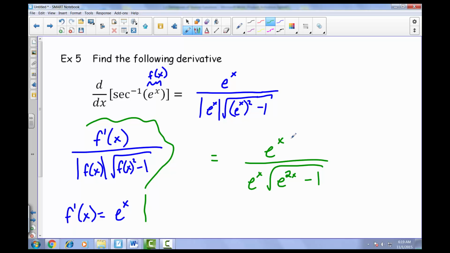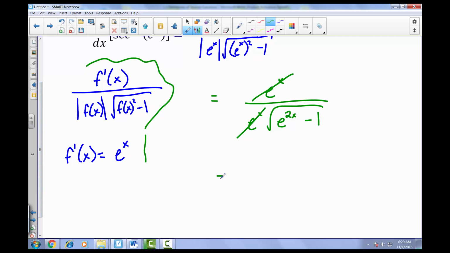And as a result, we notice that our e to the x's just cancel out with one another. And so then we're left with 1 divided by the square root of e to the 2x minus 1. So again, that is example 5 from our 3.3 set of notes.